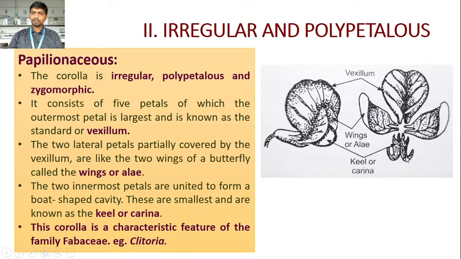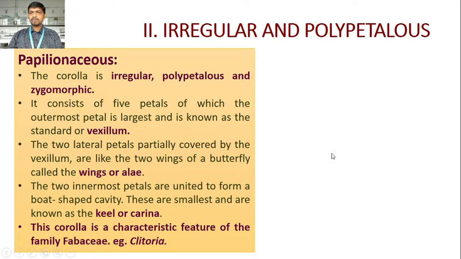And the innermost, these are the smallest, are united to form a boat shaped cavity. So this is about the papilionaceous corolla, and this corolla is a characteristic feature of the family Fabaceae, which includes Clitoria, pea, beans. So these are the plants which come under the family Fabaceae.